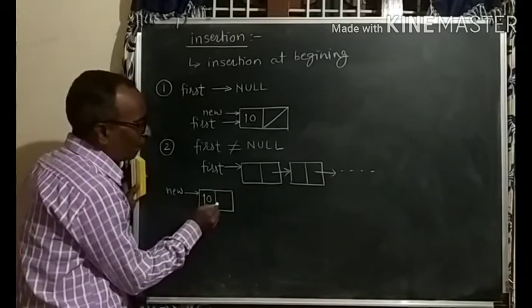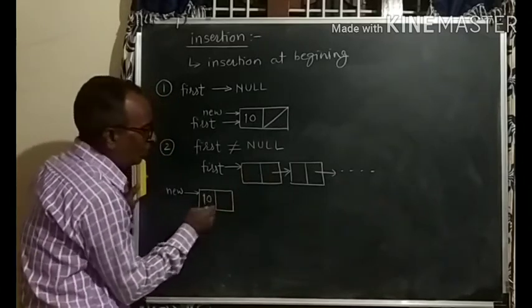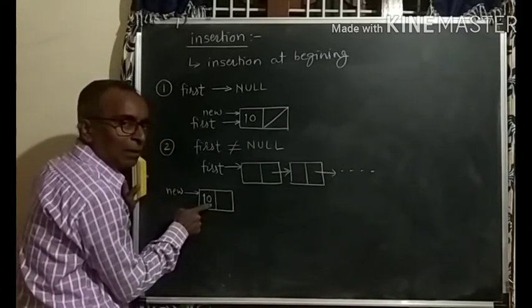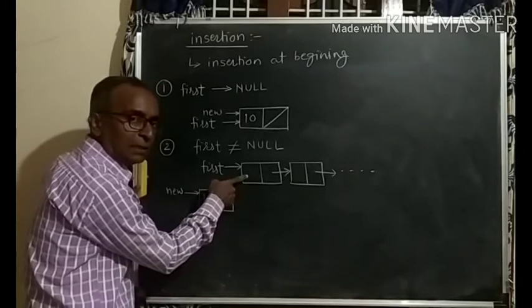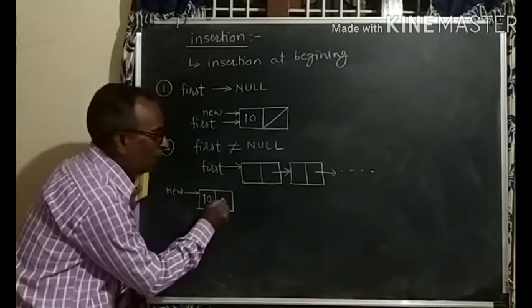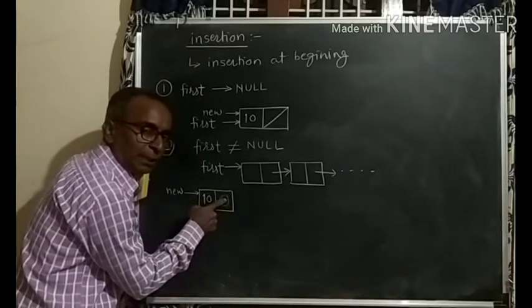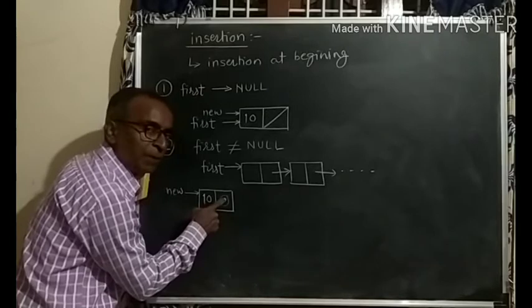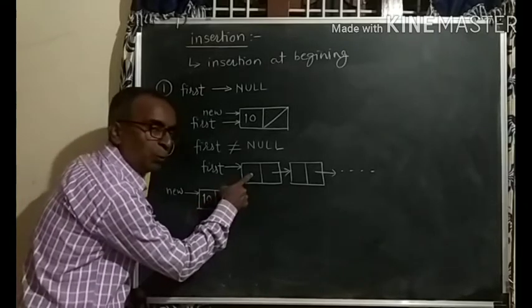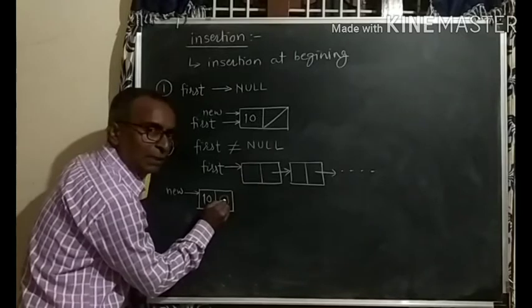Then see, when I am inserting in this list at the beginning, this will be attached to this existing linked list at the beginning. So where should this pointer point? This field is pointer field. It should point to this node. Means this node's address should be here inside this.